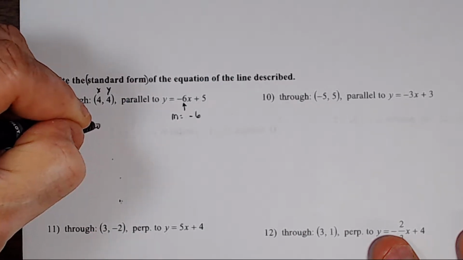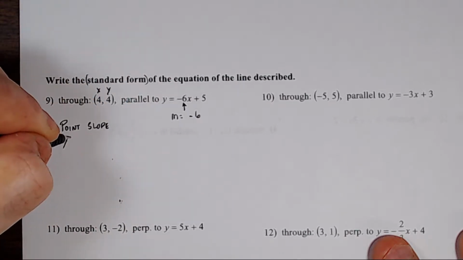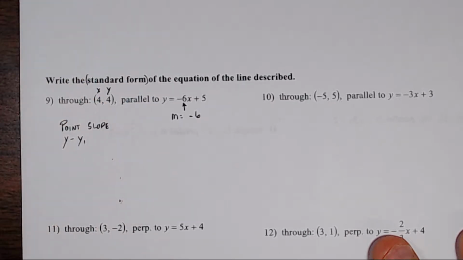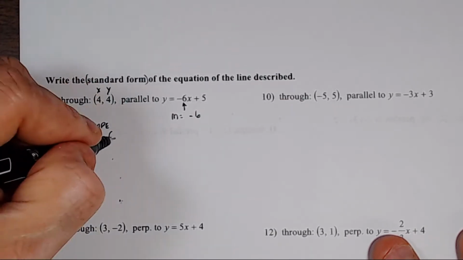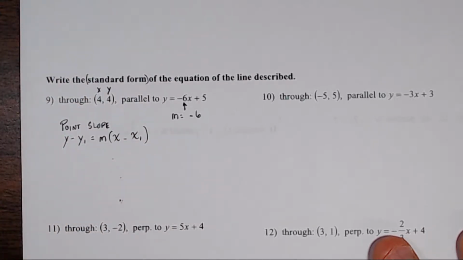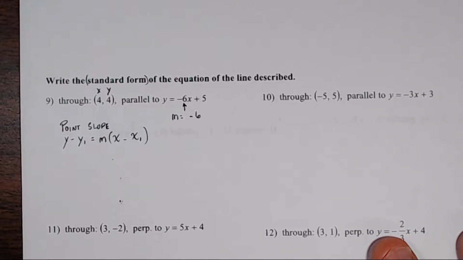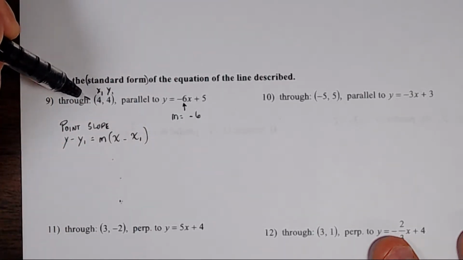Point-slope, remember, is y minus y1 equals m, open parentheses, x minus x1, close parentheses. That's the point-slope formula. Now we actually have x1 and y1 right here, 4 comma 4.